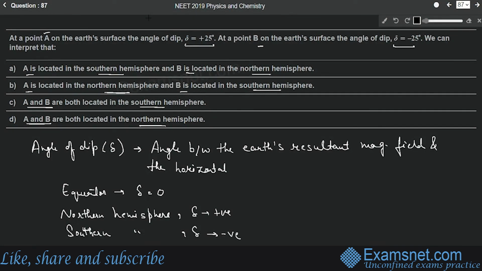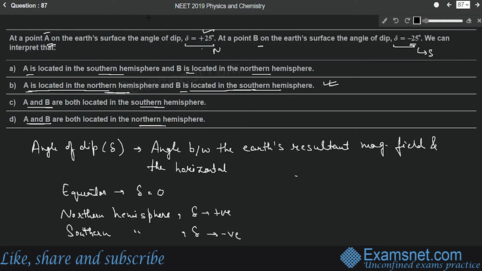That means if at point A the angle is positive, it is the northern hemisphere, and in the second case it is negative, so it is the southern hemisphere. So which option will be the correct one? Option number B. A is located in the northern hemisphere and B is located in the southern hemisphere. So option B will be the correct answer.